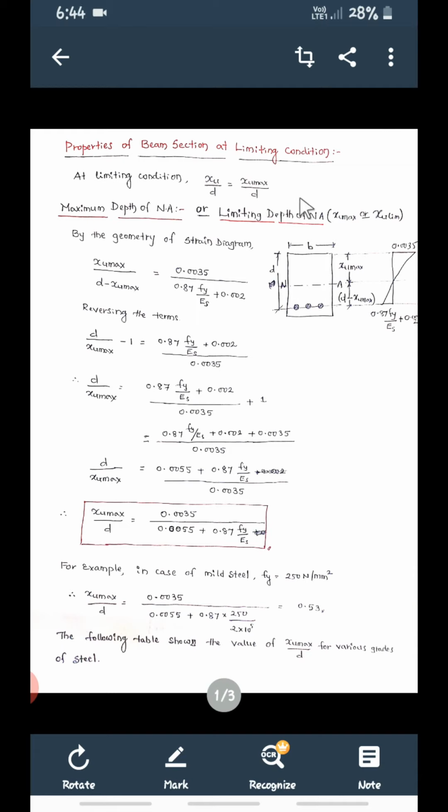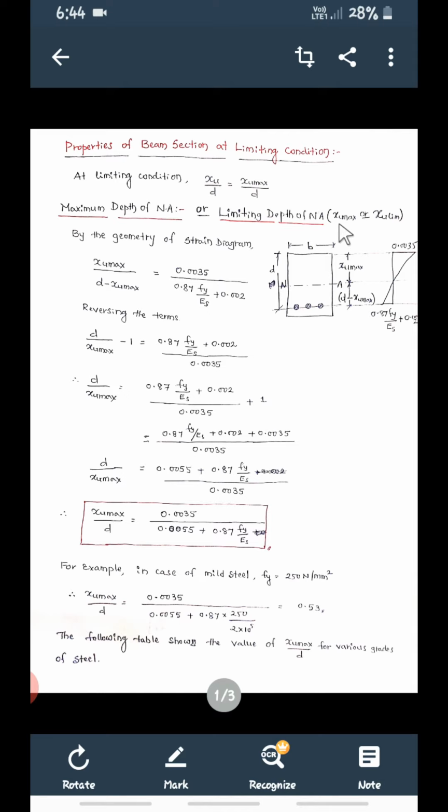Remember, xu is the actual neutral axis depth, and xu max is the maximum depth of neutral axis, or the limiting depth of neutral axis, denoted by xu max or xu limit.